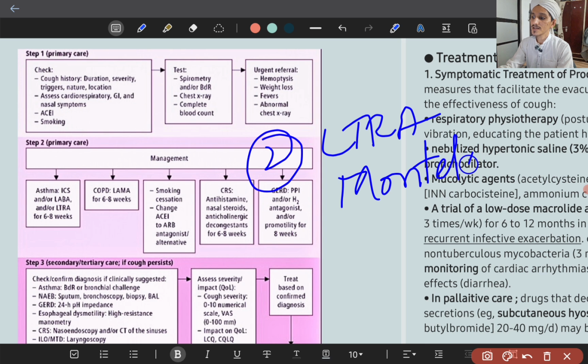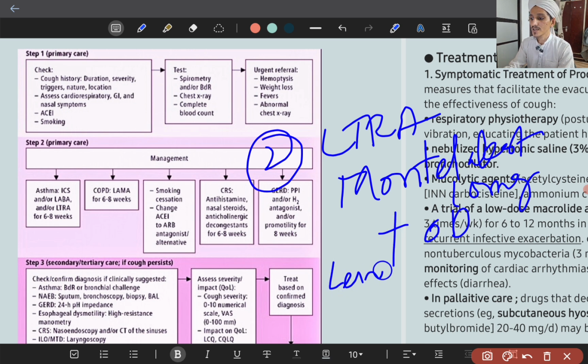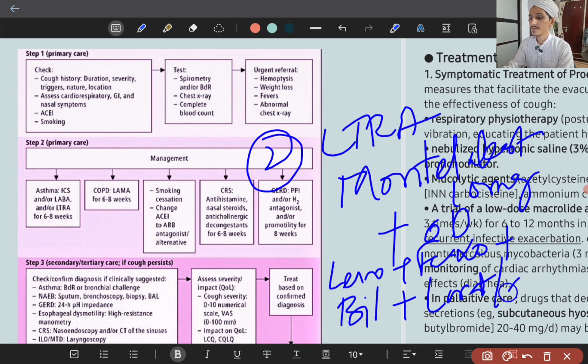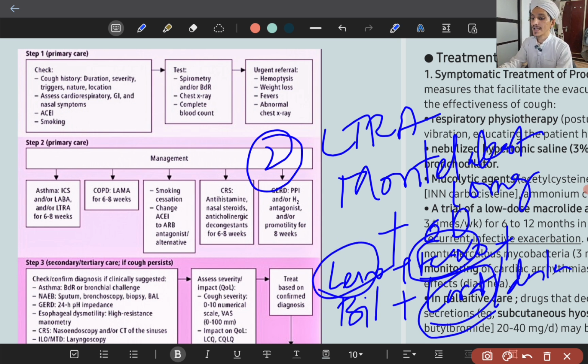Montelukast 10 mg OD, along with some antihistaminic, may it be levocetirizine or fexofenadine or bilastine or loratadine or desloratadine. But remember, fexofenadine should not be given in pregnant ladies. Safe drugs in pregnant ladies are levocetirizine and loratadine.